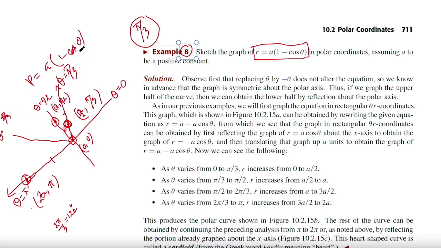So minus half means 1 plus half, which is 3 by 2, right? So it means 3a by 2. If this is a and this is half a, this is approximately this point. So (3 by 2 a, 2 pi by 3).